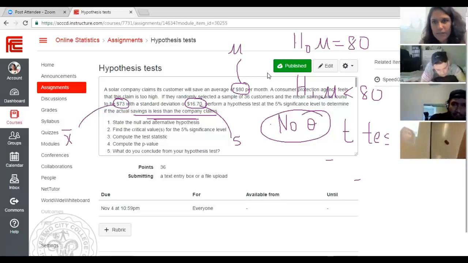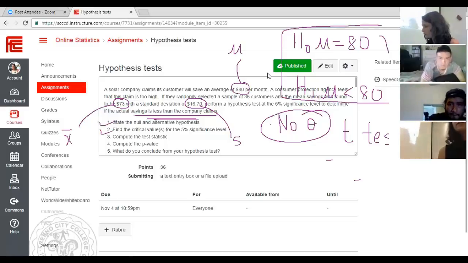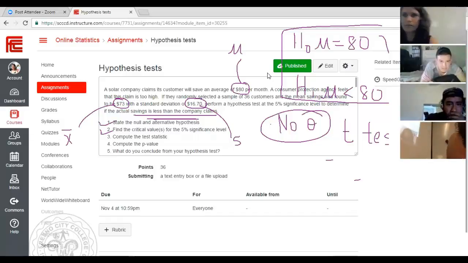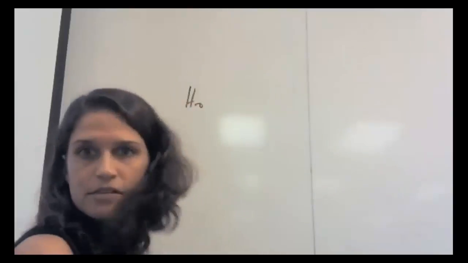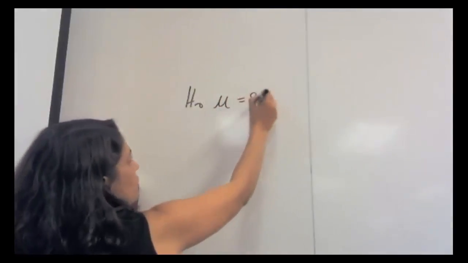Okay, so the null and the alternative, I kind of got that right here. And then I want to find the critical value at the 5% significance level. So I'll put it on my screen behind me here. I have the null, the mean is equal to 80.